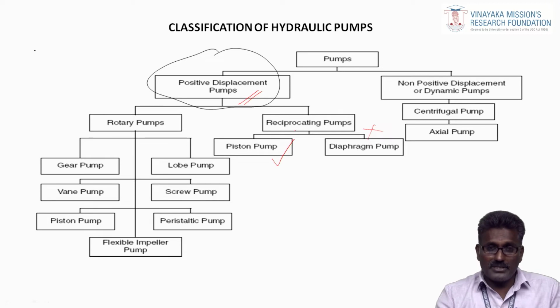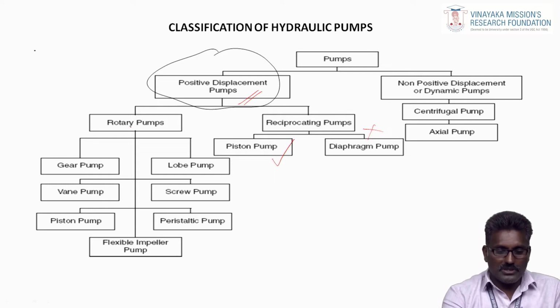The piston pump is further classified into two types: the bent axis piston pump and the swash plate piston pump. These are axial piston pump categories. Another category is the radial piston pump, which uses the pistons in the radial direction to the rotational axis, because of which it is called a radial piston pump. Again we come to rotary pumps.